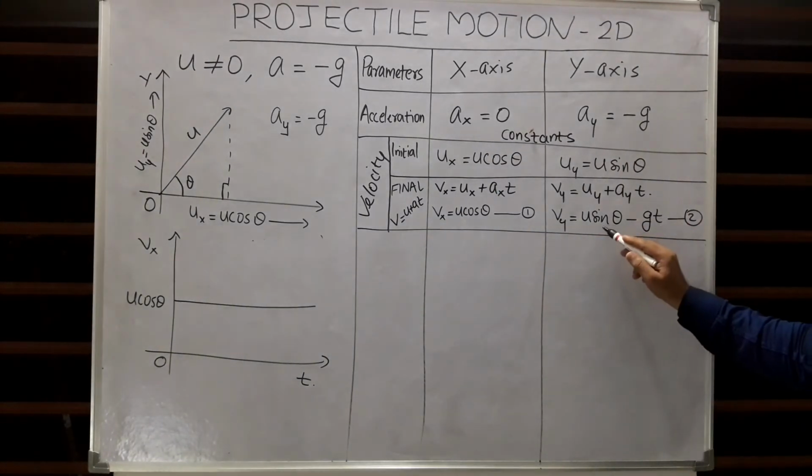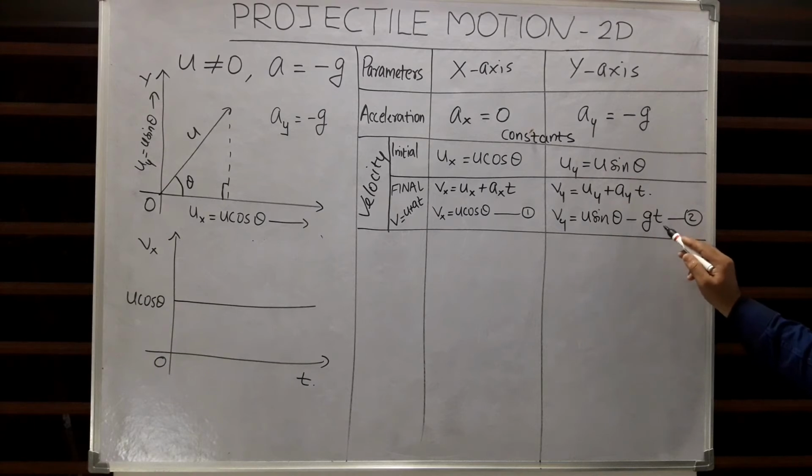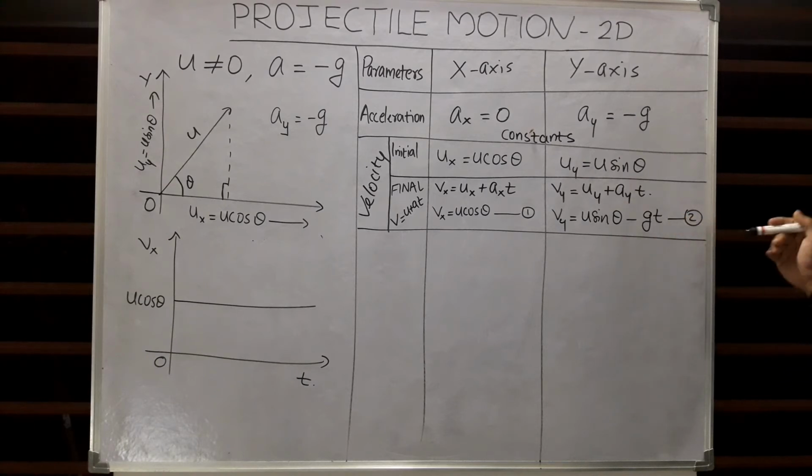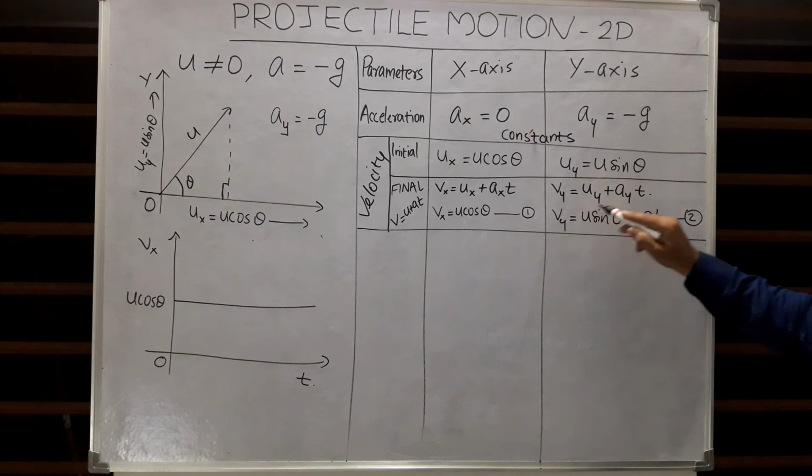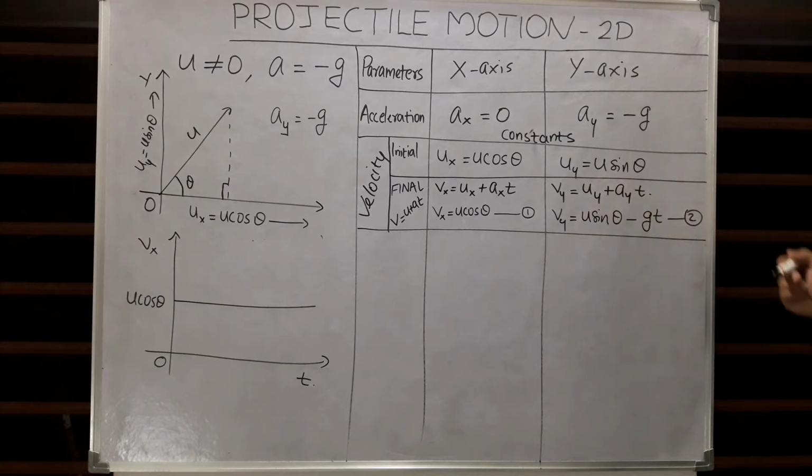U sin theta is a constant, g is a constant, and t is increasing, and this is a negative term. So Vy decreases from u sin theta, goes to a zero value, and can go to a negative value.